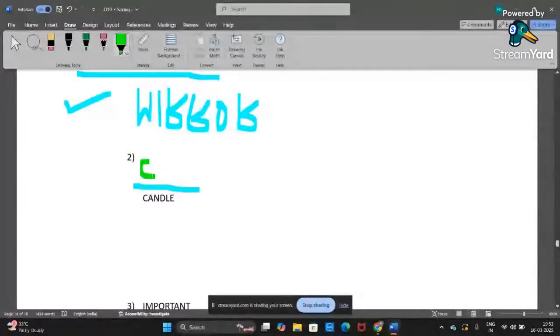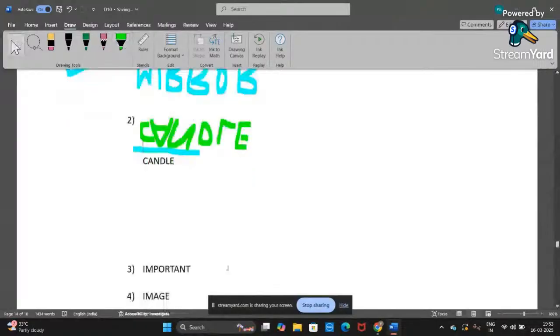C will be like this, A will be like this, N will be like this, and D will be like this, L will be like this, and E will be like this. Right? This is how we need to find it.